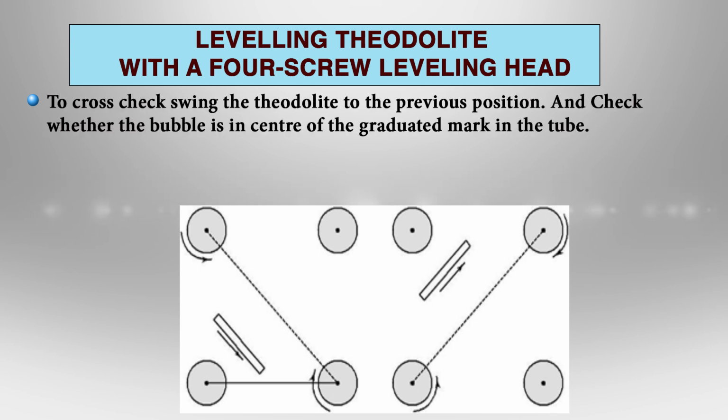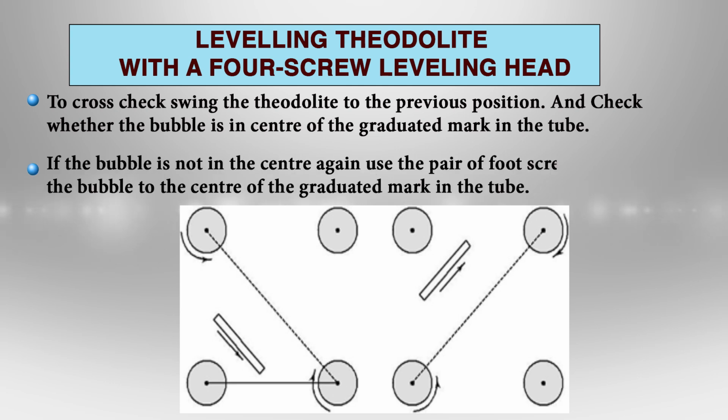To cross check whether the telescope is set, swing the telescope to the previous position and check whether the bubble is in the center of the run or in the graduated mark in the tube. If the bubble has not moved, that means the instrument is set, and if the bubble is not in the center, use the pair of foot screws to bring the bubble back to the center of the tube.